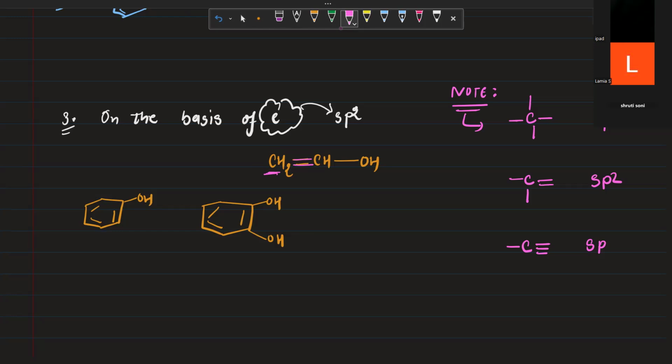Yeah, there's two hydrogens and then a double bond. Okay, yeah, sp2. And this carbon, this one, sp2, right?